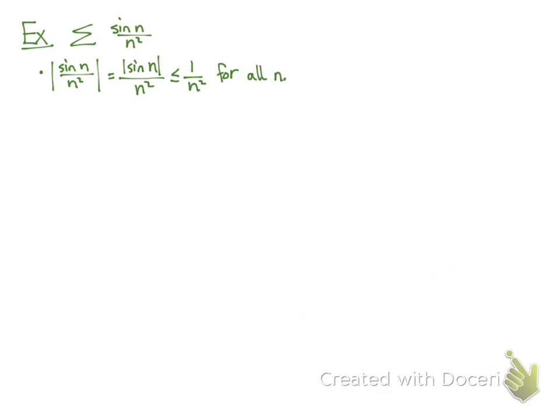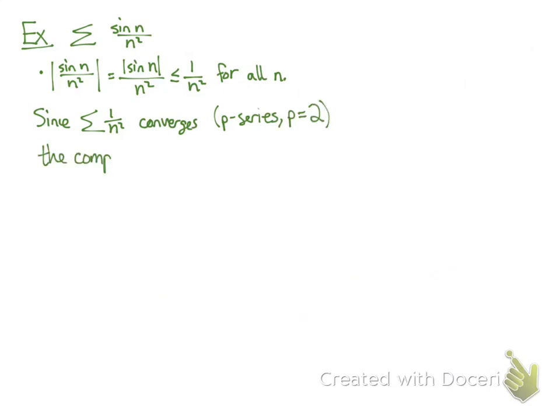And that numerator is smaller than or equal to 1, right? Because sine of anything is between 1 and negative 1, so its absolute value is less than or equal to 1. So the terms of the absolute value series are all less than or equal to 1 over n squared. Since the 1 over n squared series converges, it's a p-series with p equals 2, and we have something smaller, the comparison test tells us that this series of absolute values also converges, right?